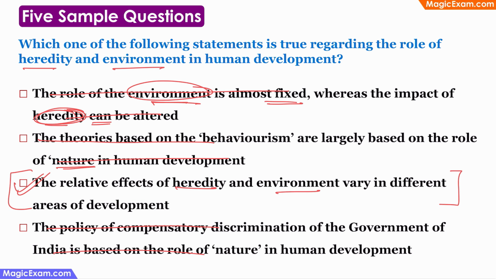And both of these play a different role in different types of development. Therefore, they vary in their effect on various types of development. Therefore, the third option is the correct answer to this question.